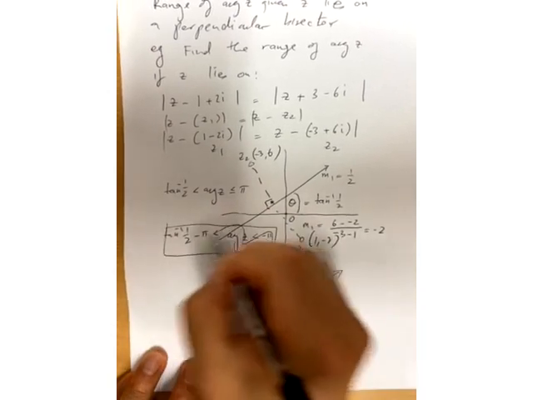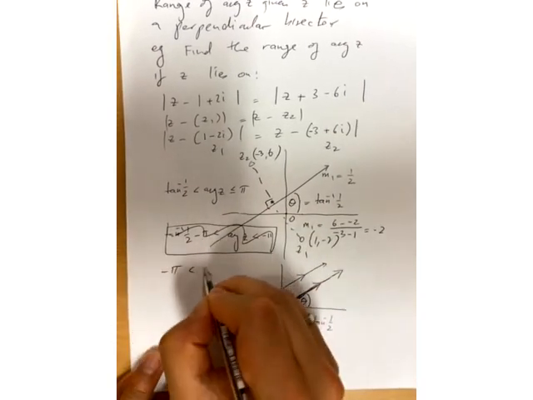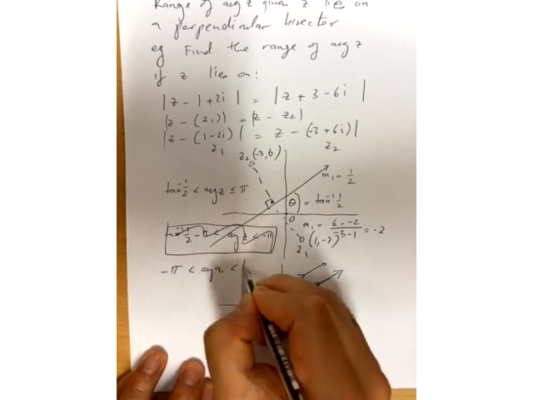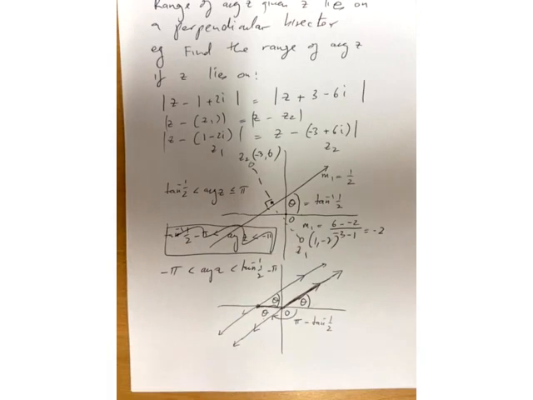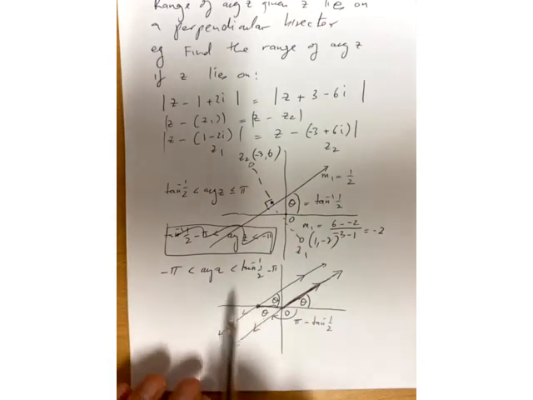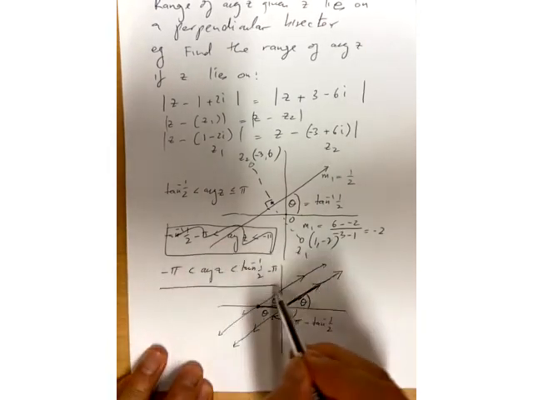It's actually negative pi less than arg z less than tan inverse of a half minus pi. So in fact, this is quite a difficult one. You have two ranges of arg z, this one and this one.